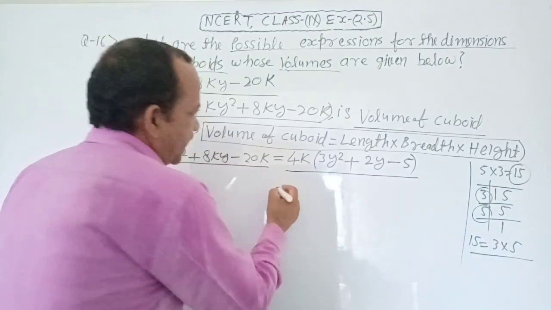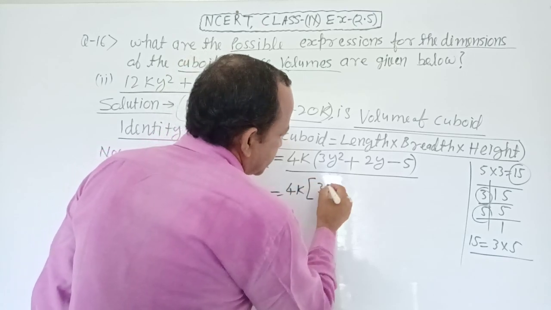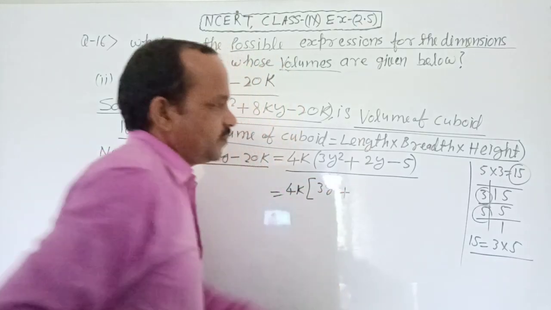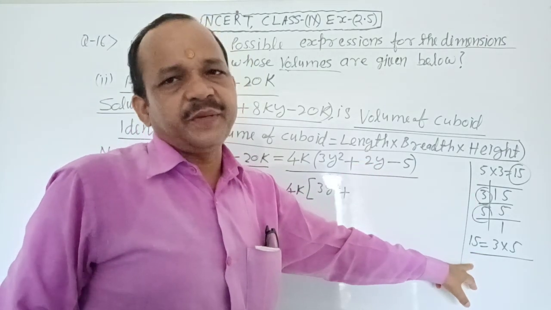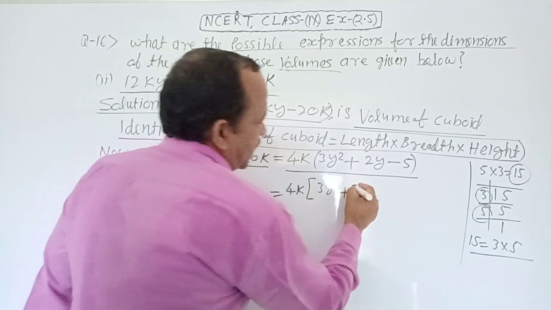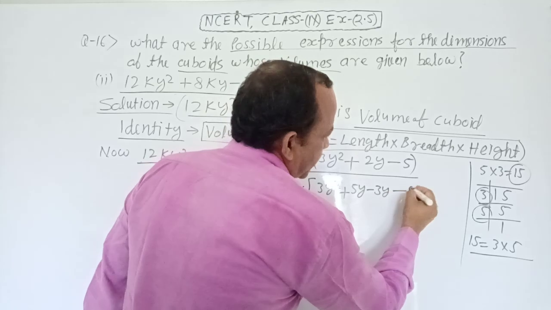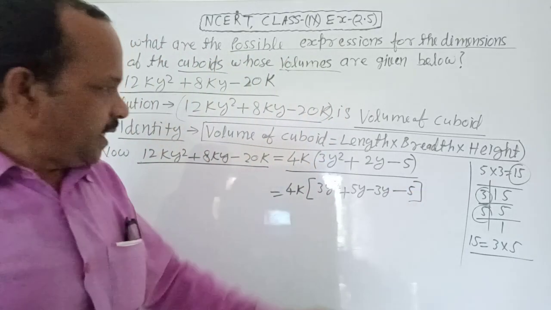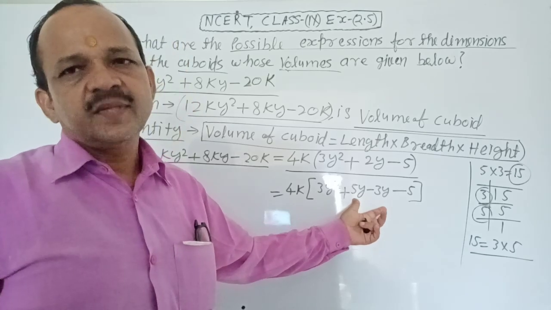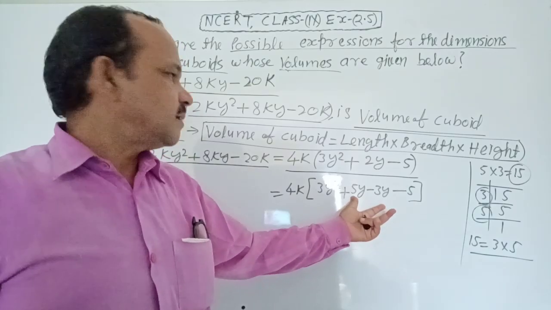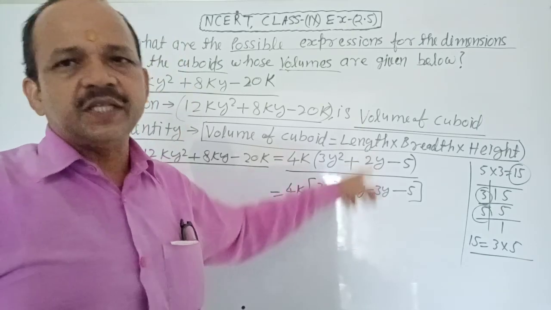You can write 4k in brackets 3y square plus, and you split 2y as 5y minus 3y, and here minus 5. It is clear? If you subtract 3y from 5y, you find 2y. It means it is correct.